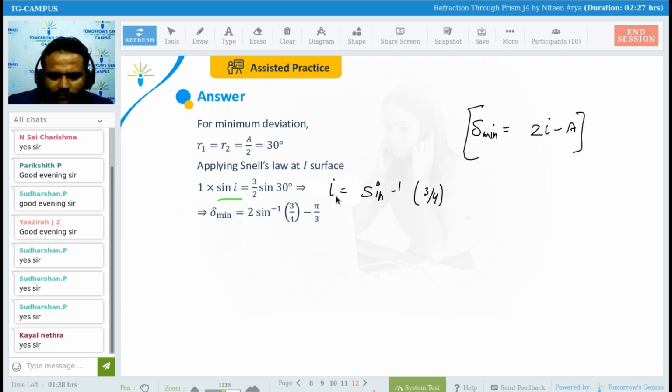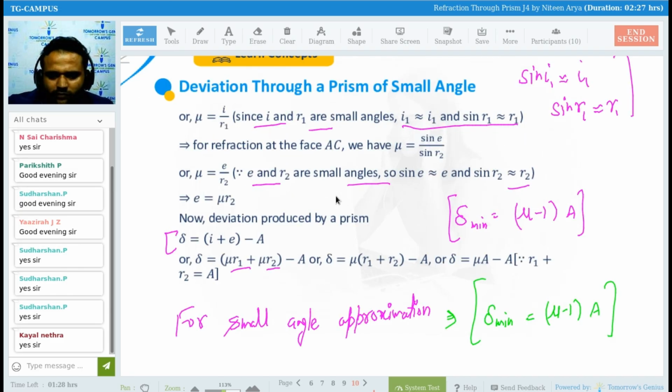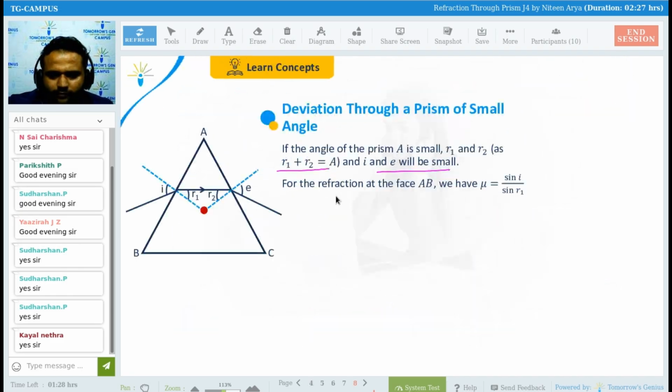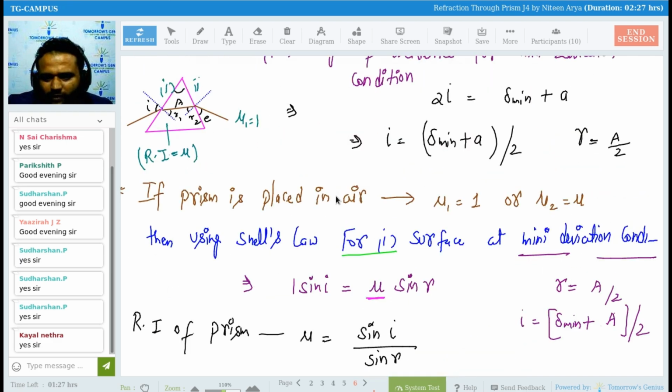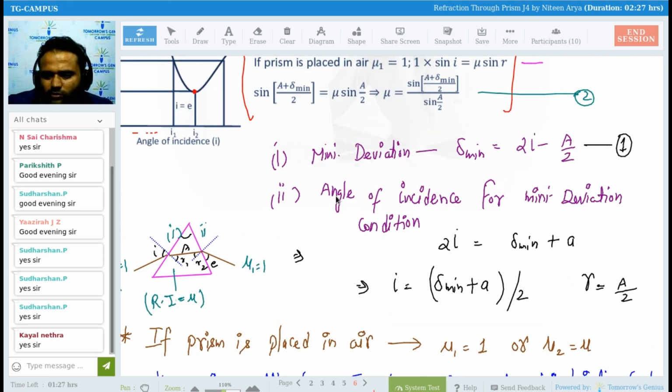Wait, I made a little mistake somewhere there. Wait. I equals A by 2, so here it is going to be A, not A by 2. What are you guys doing? Not looking at what I am writing. Here it is going to be A, and somewhere I also wrote a small a.